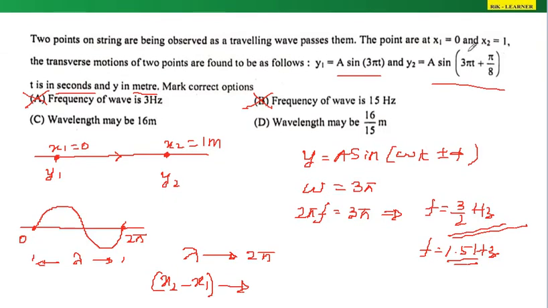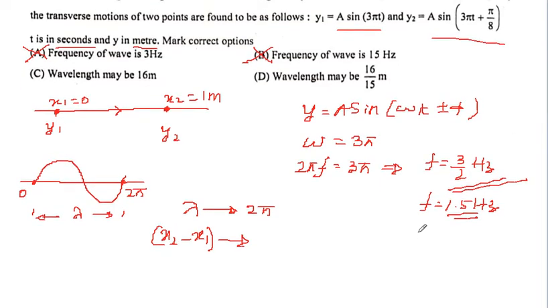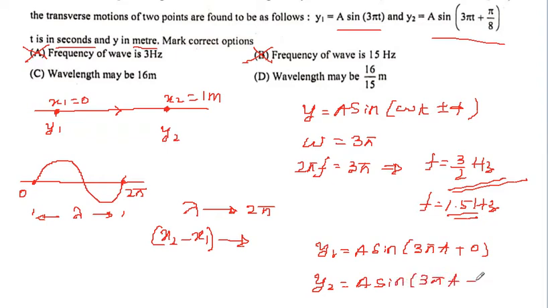To understand that, you have to look at these two equations. y1 equals a sine (3 pi t plus 0), and y2 equals a sine (3 pi t plus pi by 8), as given.